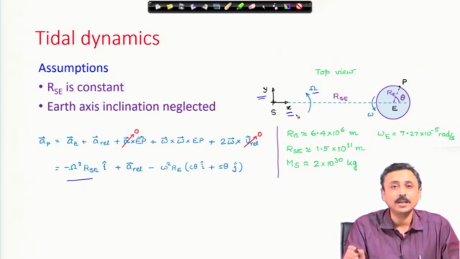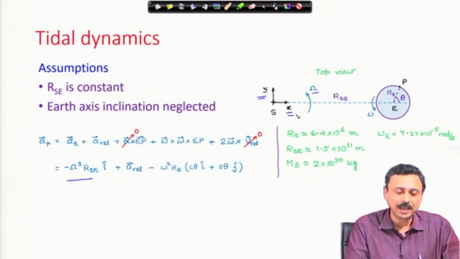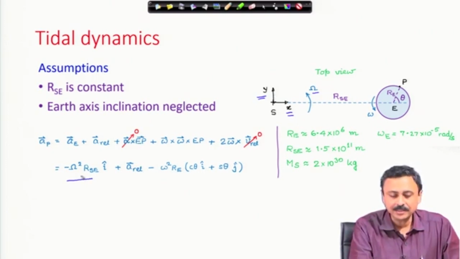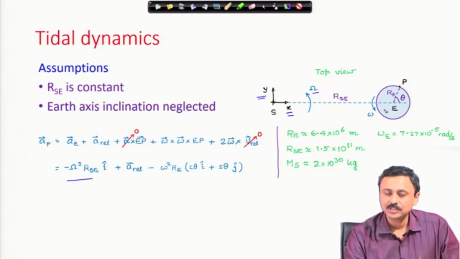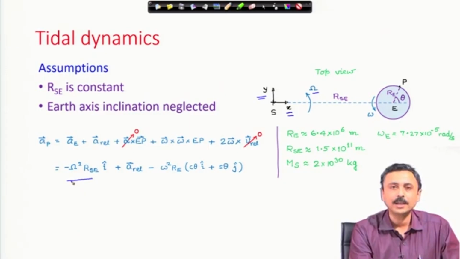We are assuming that the sun is static. We fix that Cartesian coordinate system at the center of the sun, and we are writing the acceleration of the earth center, and that is nothing but the normal acceleration or the centripetal acceleration, and that is in the negative I cap direction. Centripetal acceleration is towards the sun, and its magnitude is capital omega square r s e.